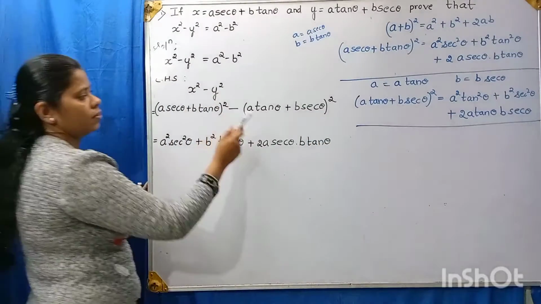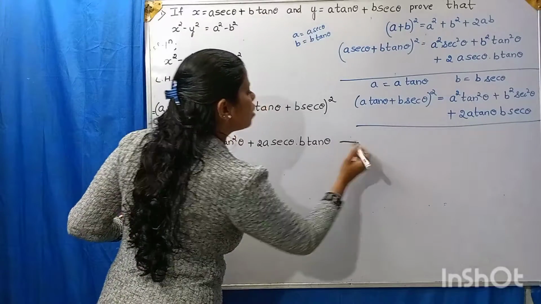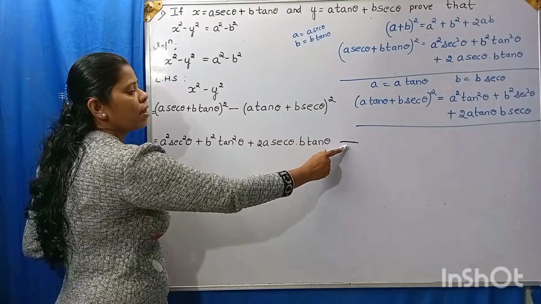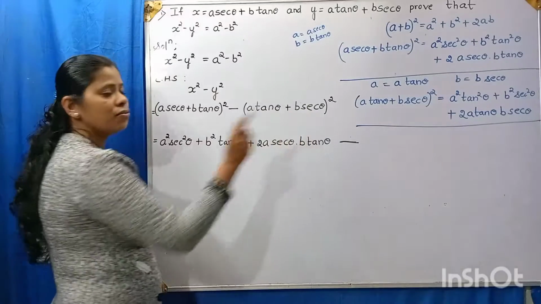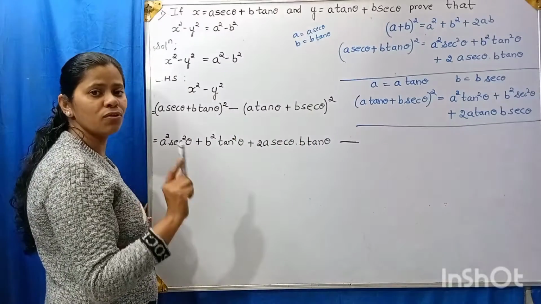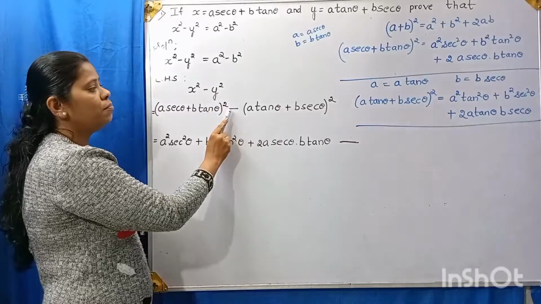Minus, observe carefully here. For this minus, I will write here minus, and the remaining terms you have to take in the bracket because you have a minus sign here. Be careful.